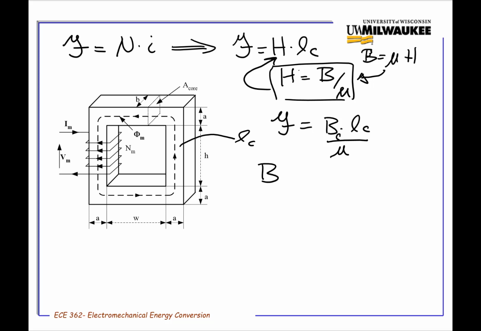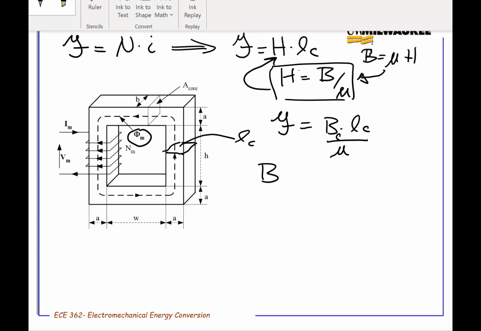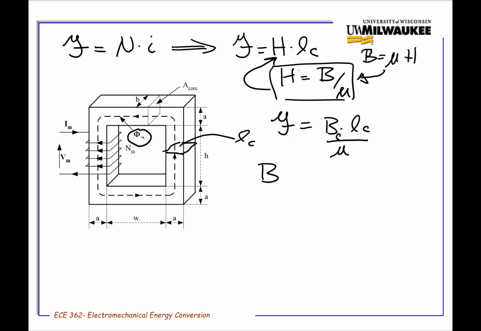Well, if I wanted to find the flux density in the core, I would find the cross-sectional area that the flux, and this is the flux right here, he's calling it phi sub m in this picture. I don't like the sub m, so we're just going to ignore it. Just get rid of that. There's our phi.